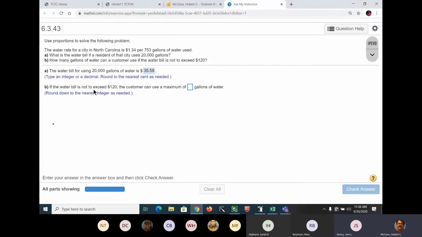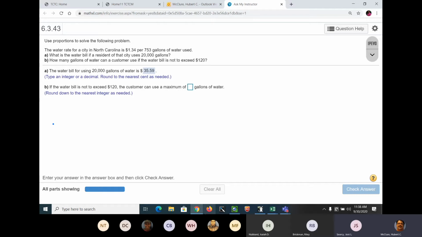If the water bill is not to exceed $120, the customer can use a maximum, okay? We need to get an equation for that. Or we could put $120 on the bottom.